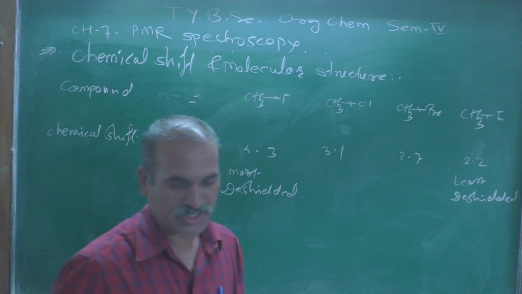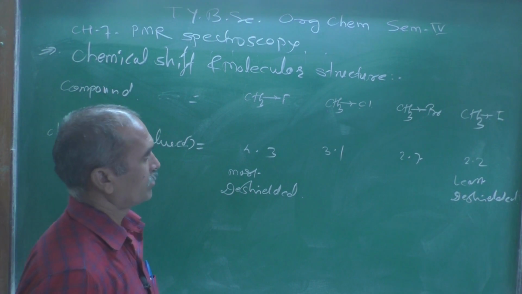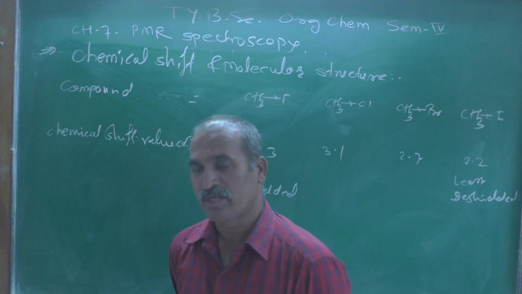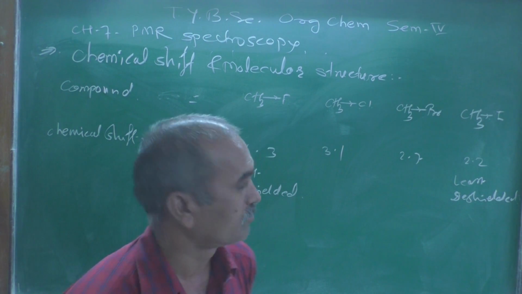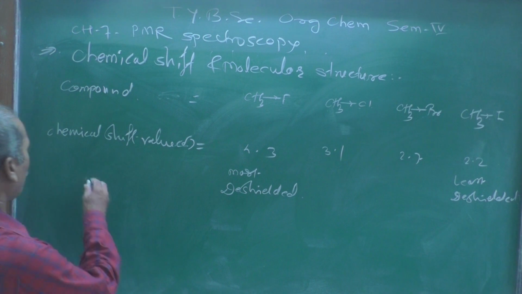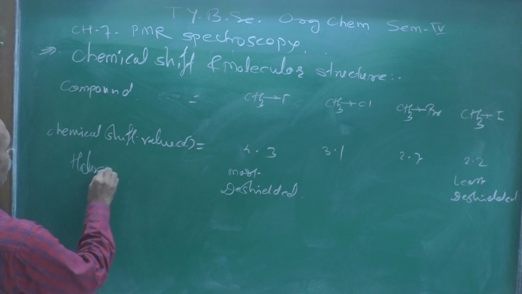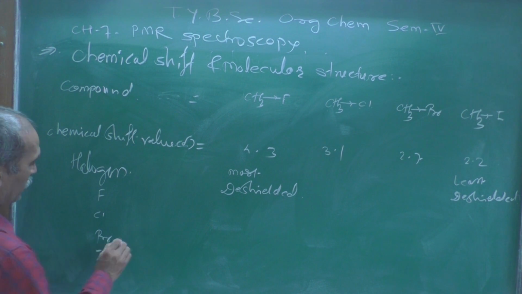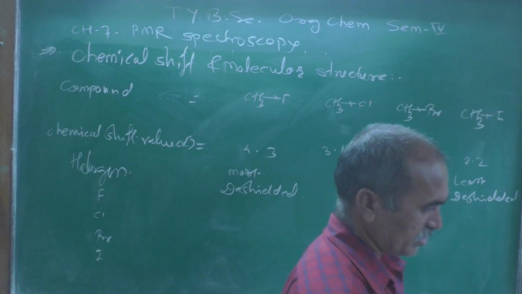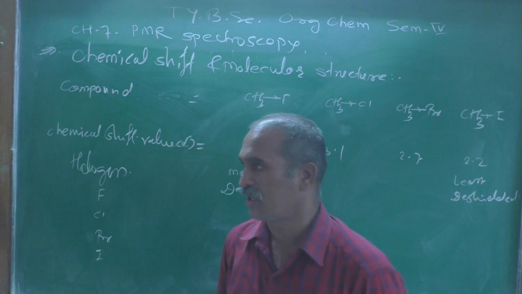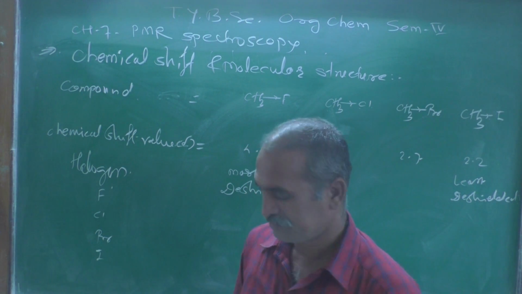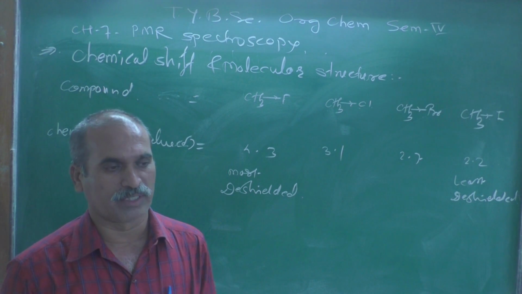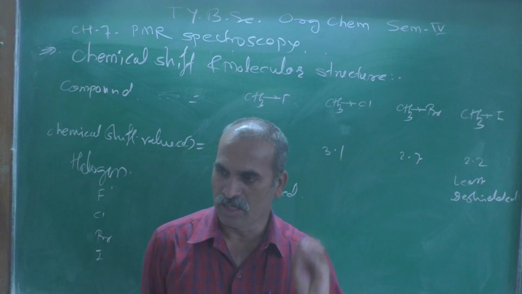Look here, shielding and deshielding we already learned. The only thing is, do you remember the long form of the periodic table? There is a family, the halogen family, whose members are fluorine, chlorine, bromine, iodine, astatine, and so on. Generally for fluorine, chlorine, bromine, and iodine, consider their electronegativity, which is one of the physical properties of an element.